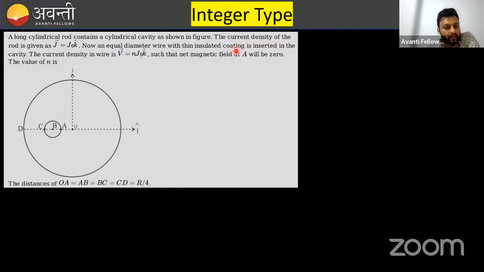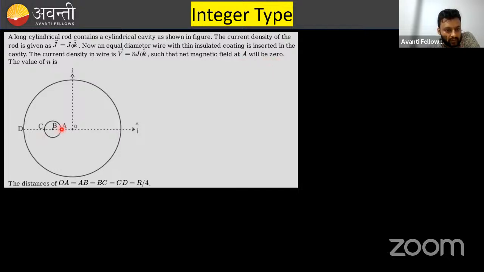J naught K cap IJK. Okay. Now an equal diameter wire with thin insulated coating is inserted in the cavity. The current density in the wire is such that net magnetic field at A will be zero.